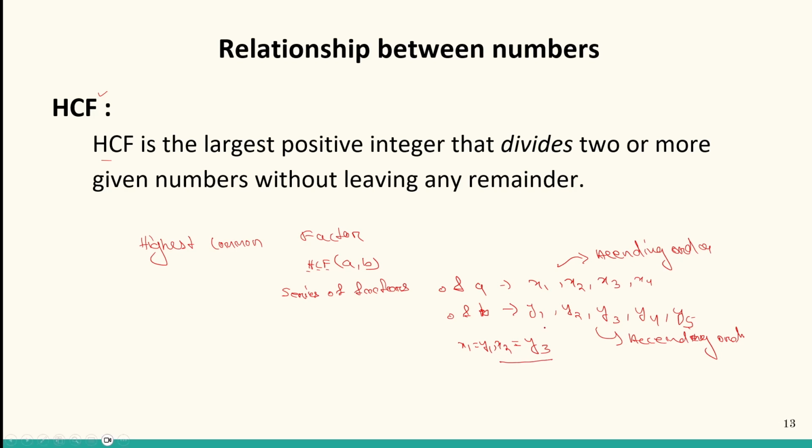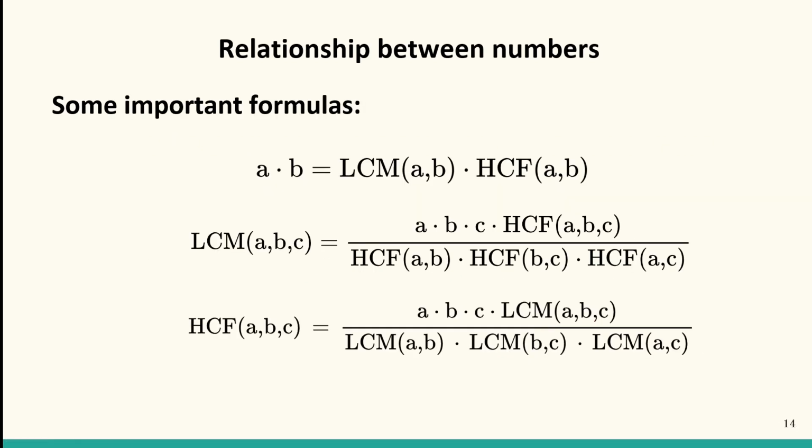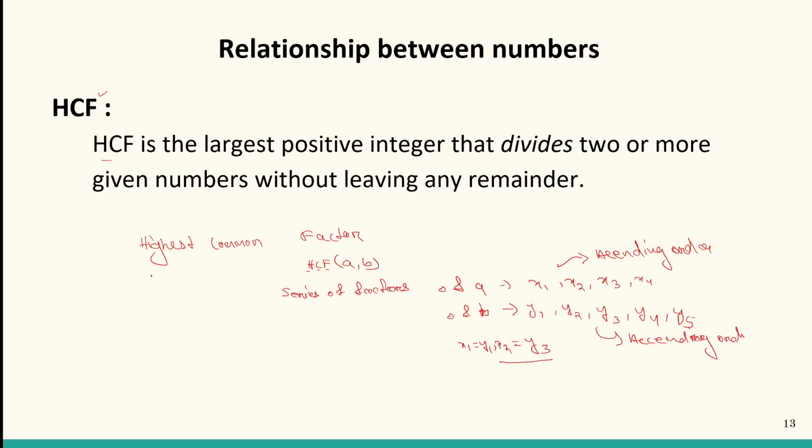Let's see this thing in an example. Let's say you want to find the HCF of 12 and 15, the highest common factor. You need to find the factors of 12, that is 1, 2, 3, 4, 6, 12 itself. And for 15 it will be 1, 3, 5, 15 itself.